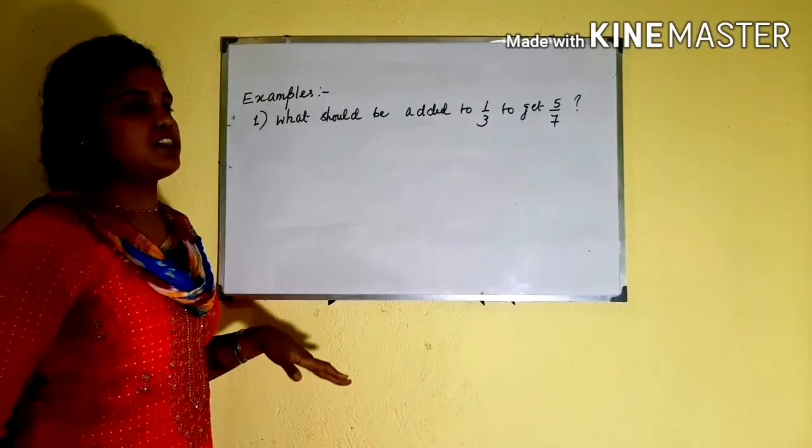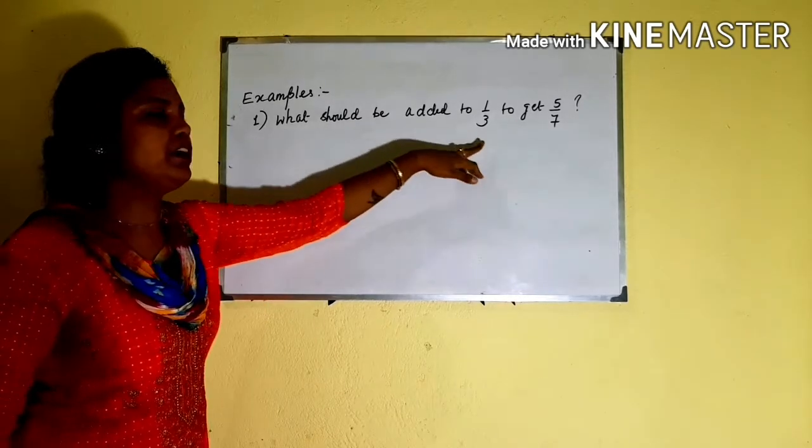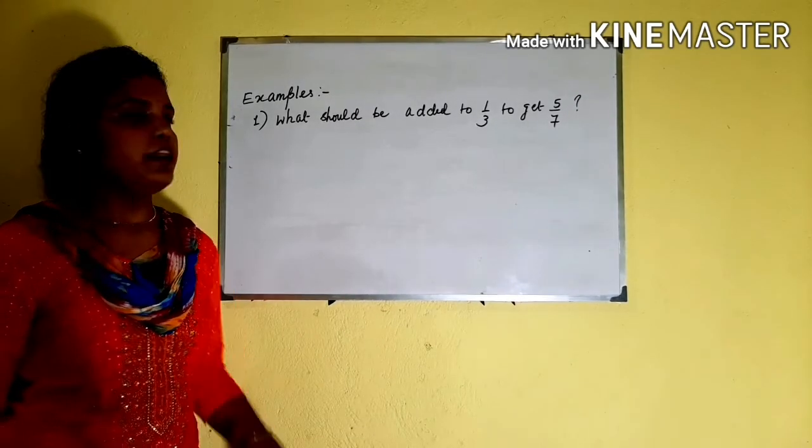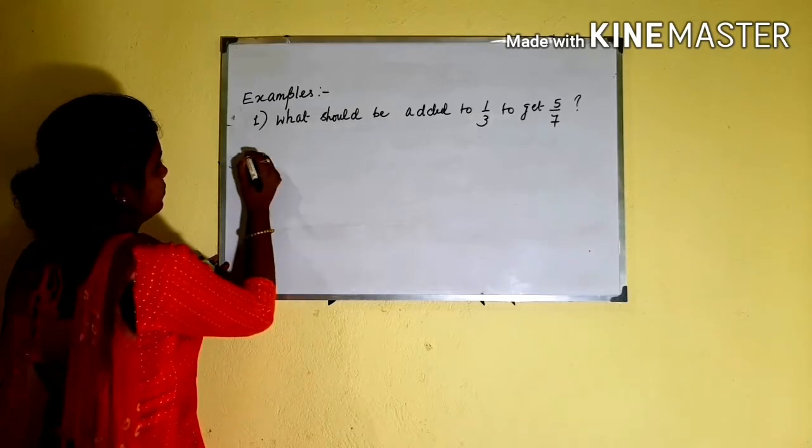Suppose the first question that is given to you: what should be added to 1 by 3 to get 5 by 7? Now let's take the sum here.